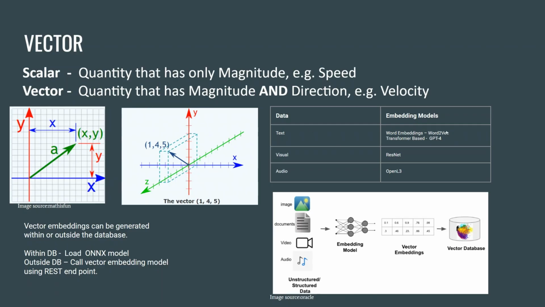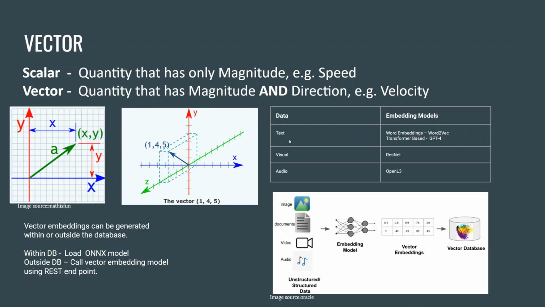You can see here some example models I have taken. For text, you have word to vector, which transforms each word into a vector. And the newer transformer-based models like GPT are far more advanced. They can embed entire text or even files into embeddings, into vectors.